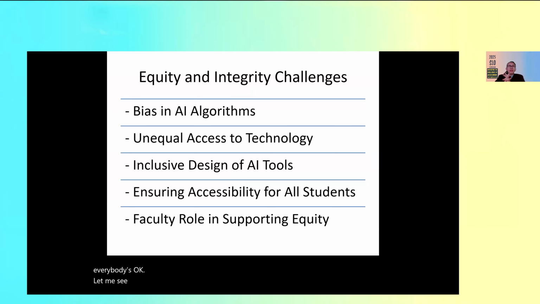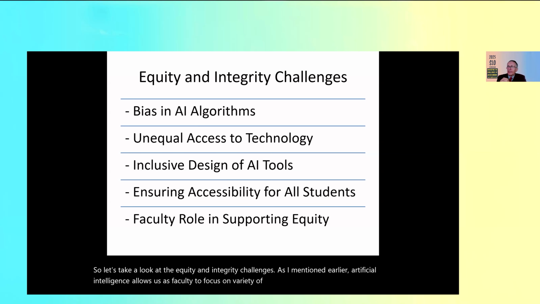Okay then. So let's take a look at the equity and integrity challenges. As I mentioned earlier, artificial intelligence allows us as faculty to focus on a variety of voices in the classroom, right?